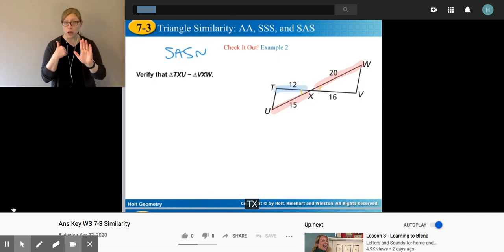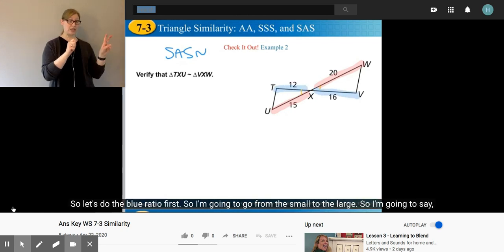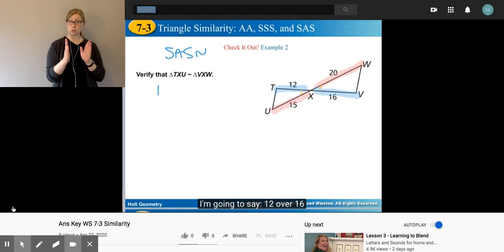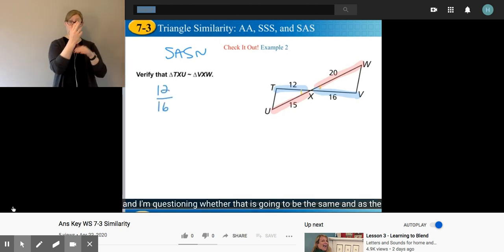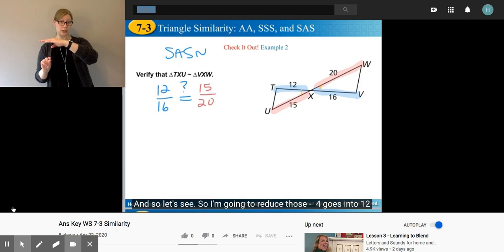Then the TX is going to match VX. We're going to know when I do the actual ratio. So let's do the blue ratio first. I'm going to go from the small to the large. So I'm going to say 12 over 16, and I'm questioning whether that is going to be the same as the 15 over 20.